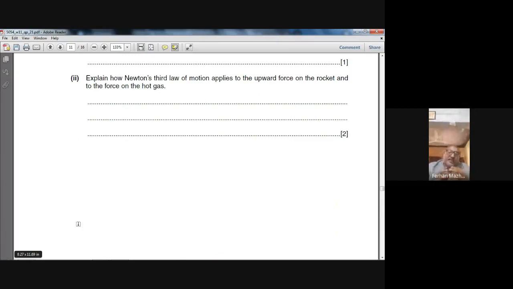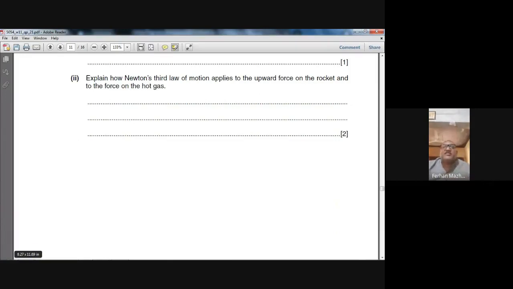So you see the action and reaction: the force exerted by the rocket on the hot gases and the force exerted by the hot gases on the rocket. Both these forces will be equal in magnitude, but their direction will be different. Plus, they will be applying on different bodies. One force is applied on the hot gases, and the reaction force is applied on the rocket.